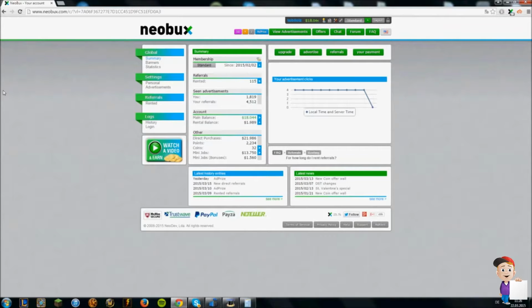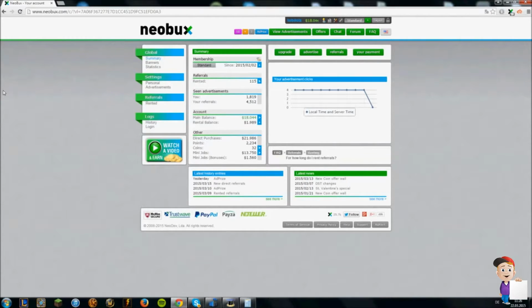You also get commissions when they make purchases on NeoBux, but of course the problem of direct referrals is that they are very hard to get. But I will probably make a video very soon where I show you how to get direct referrals on NeoBux. A friend of mine has over 200 direct referrals, and I would think about making a video about the method he uses.